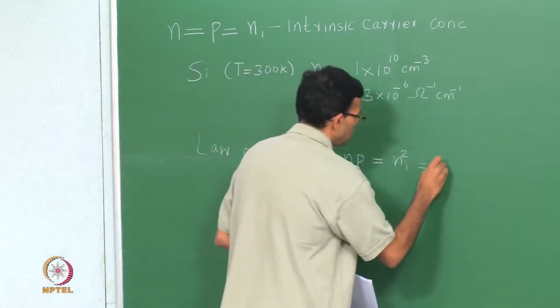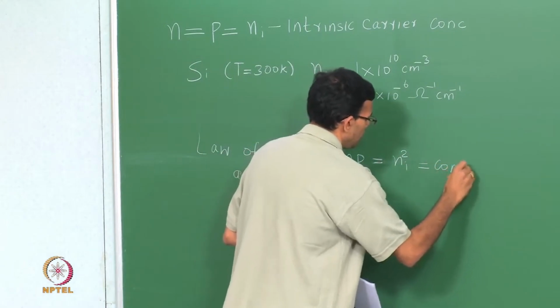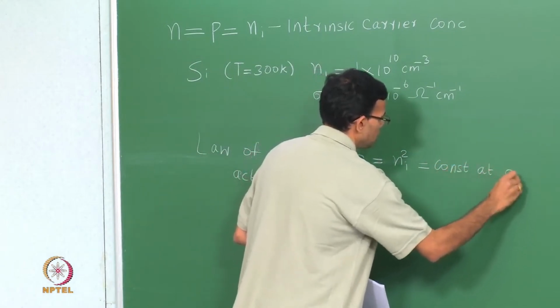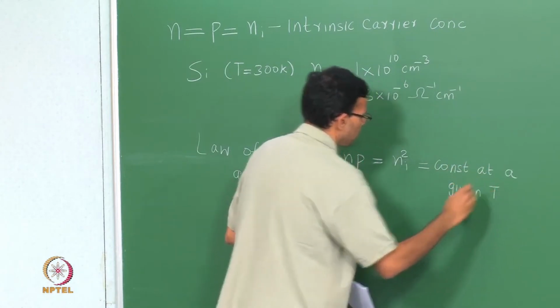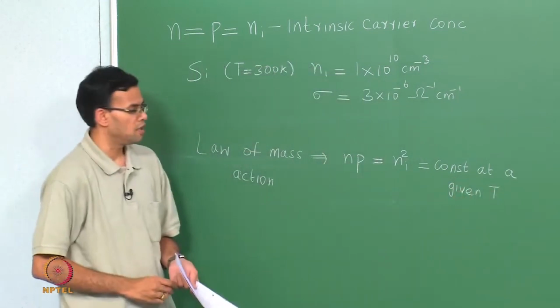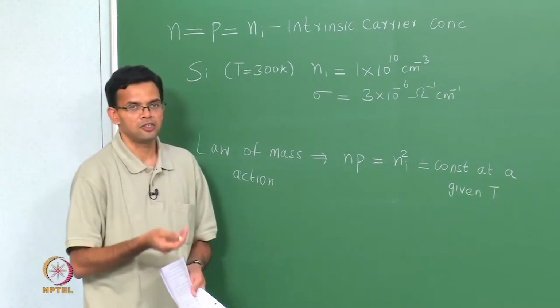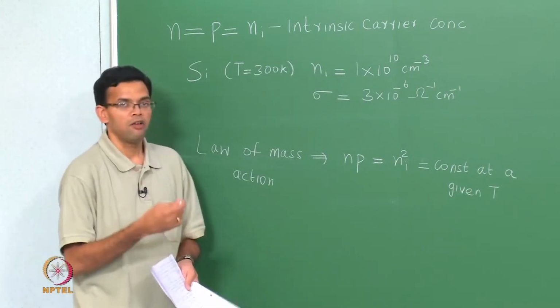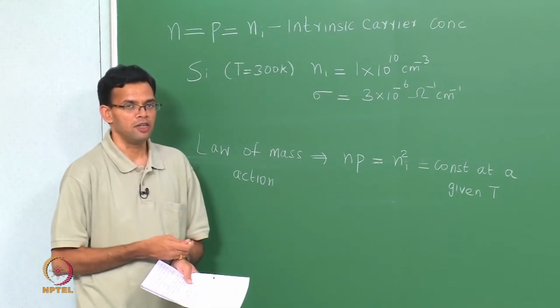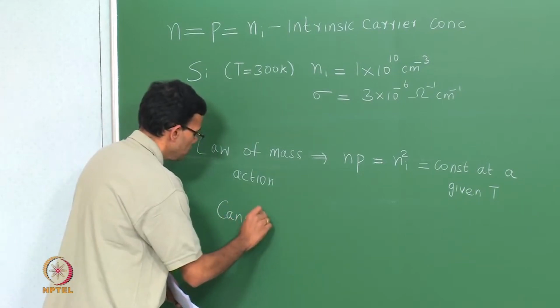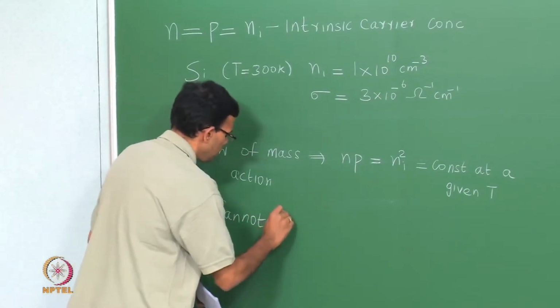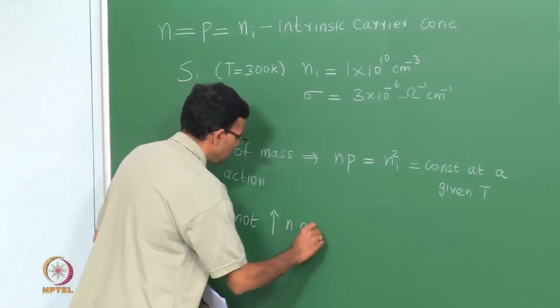So, this is constant at a given temperature. What this means is we can either increase electron n or we can increase hole p. We cannot increase n and p together at the same time.